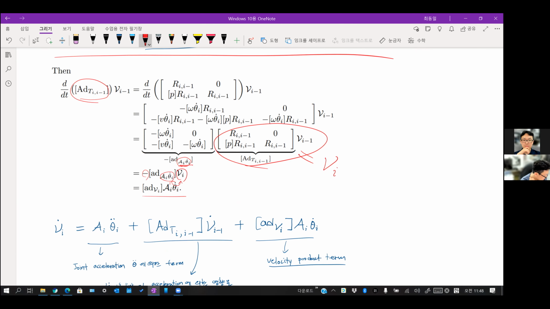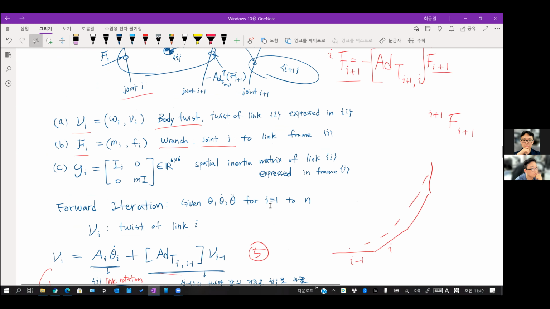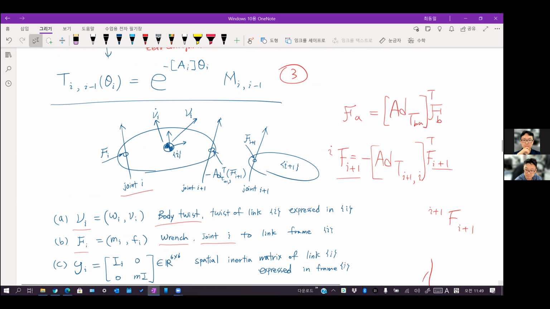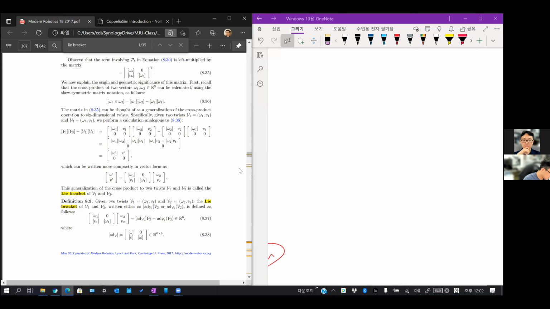So this relationship actually came from the Lie bracket concept. Actually, the Lie bracket is the cross product of two twists.